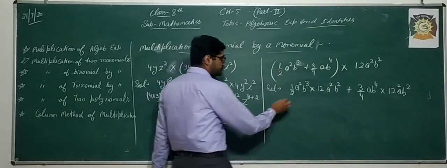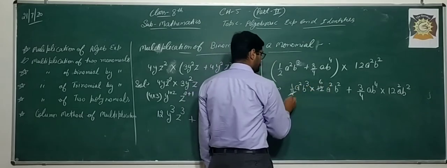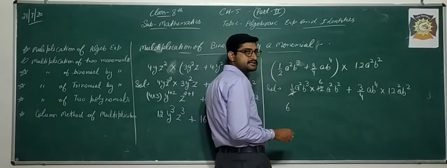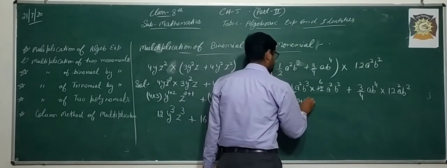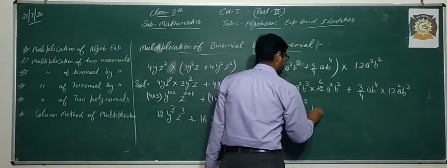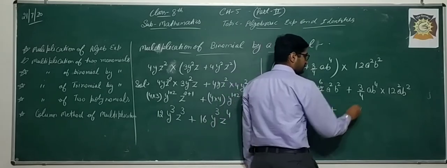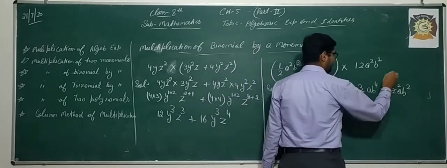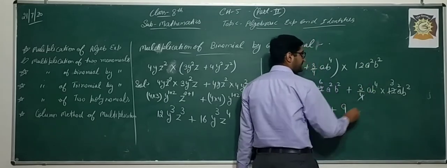Okay, so 2 cancels with 12, this will be 6. So 6 into 1, this will be 6. After that, a power 2 plus 2 and b power 3 plus 2. Then 4 cancels with 12 by 3. So 3 into 3, this is 9.